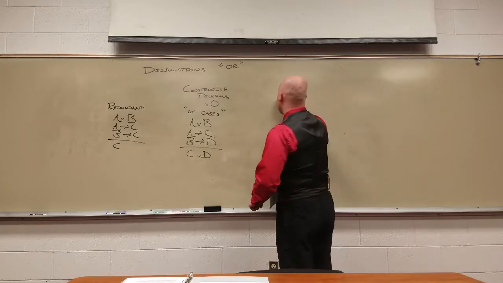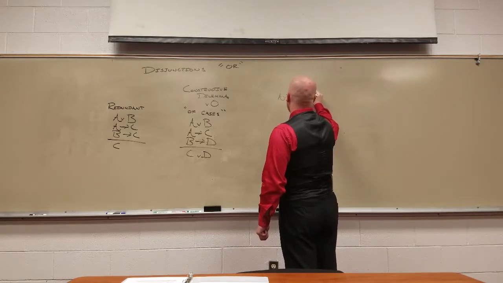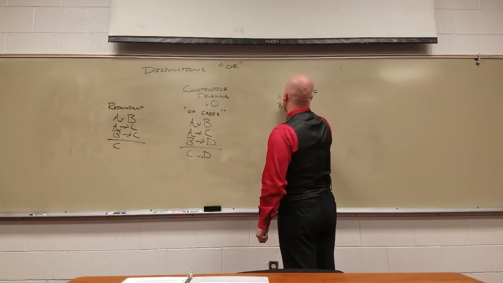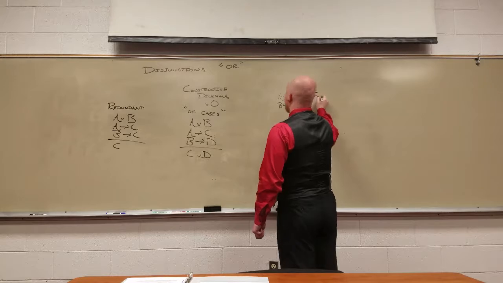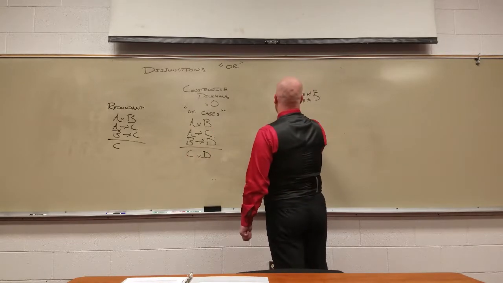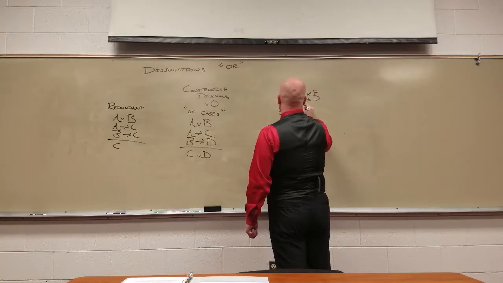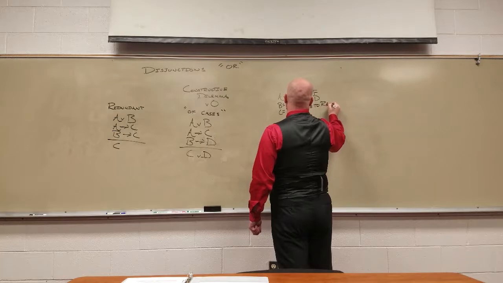So let's say A stands for I make an F, and B stands for I make a D. I'm going to use this for this example of a redundant dilemma. And let's say C stands for I'll have to retake the class.